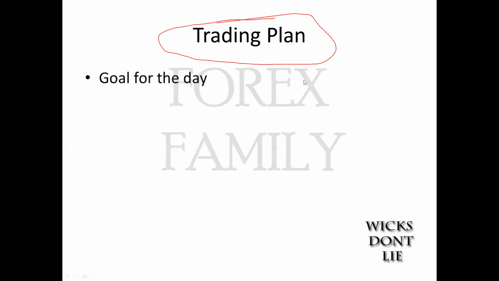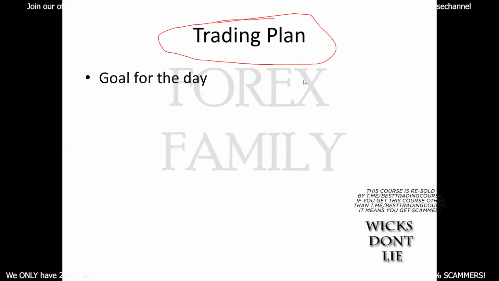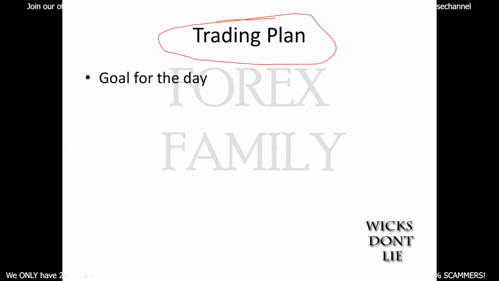It consists of your goal for the day. Let's say you sit down, you want to trade, and then you realize, oh, I don't have a trading plan. So how do you make a trading plan? You make a goal for the day, right? So what should be your goal for the day? For some people, they say, okay, our goal for the day is 10 pips or 20 pips.